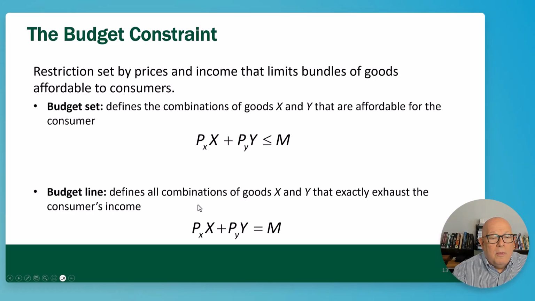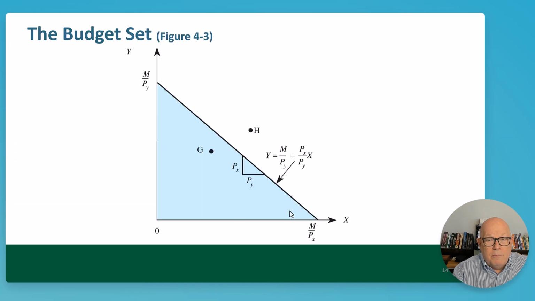And so the highest amount that we can spend is going to be when the price times the number of X we choose plus the price times the number of Y we choose is exactly equal to our consumer income until we've exhausted all of that income. So I told you I was going to do too many formulas today, so we're going to leave it at that, and we're going to move on to a diagram.